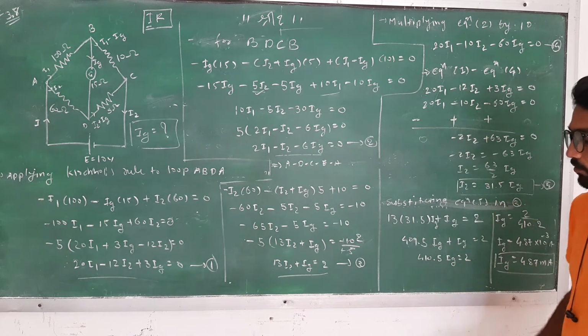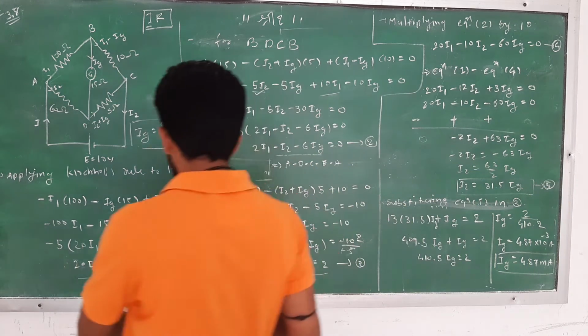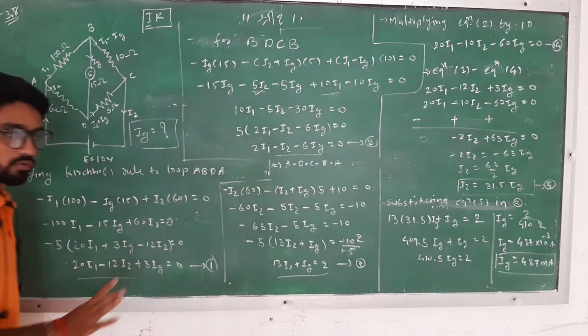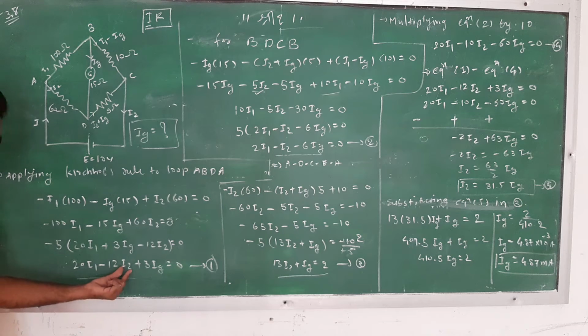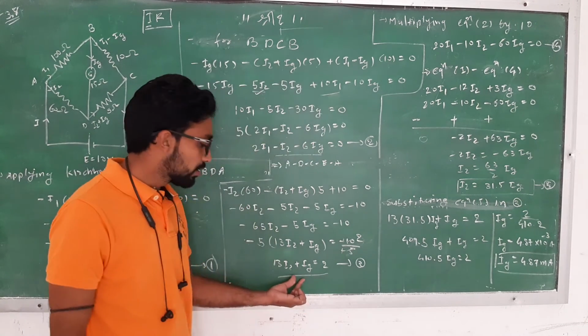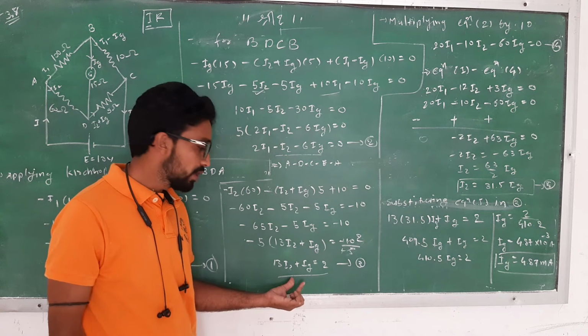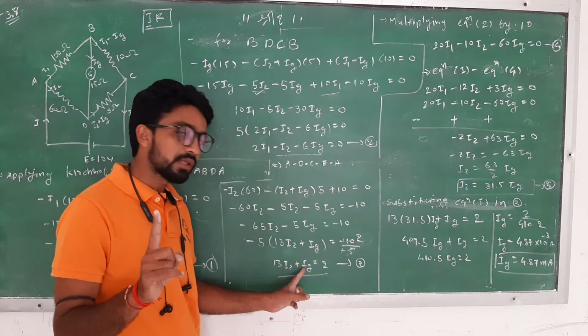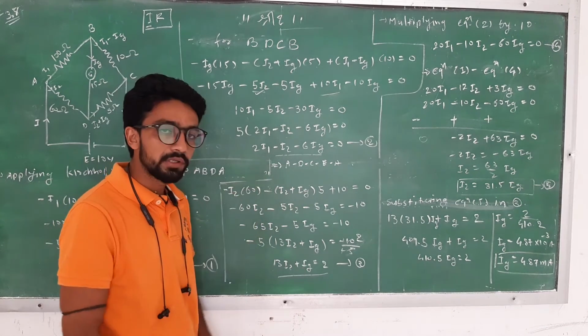So now our goal is that from equation 1 and equation 2, we want to find out the value of I2 in terms of IC, and put that value here. So these equations will be written in only one term, that is IC. Then we can find out easily.